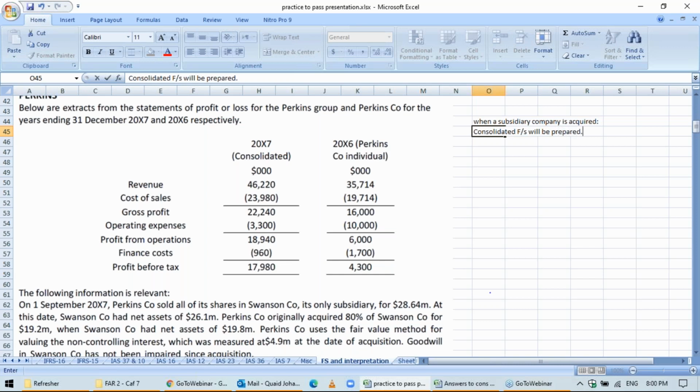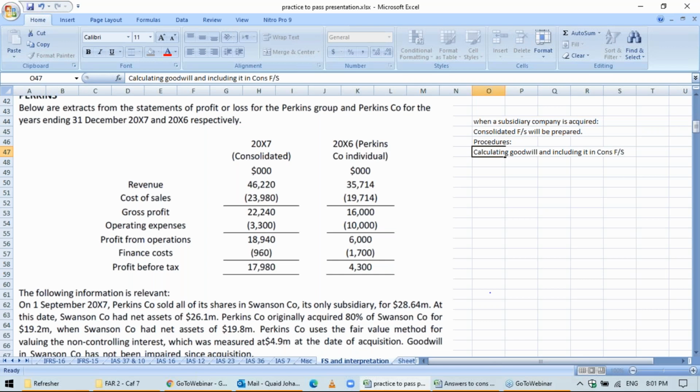Now, what do we mean by consolidated financials? What procedures do we do? The procedures involve, I'm giving a brief summary, calculating goodwill and including it in consolidated financial statements.